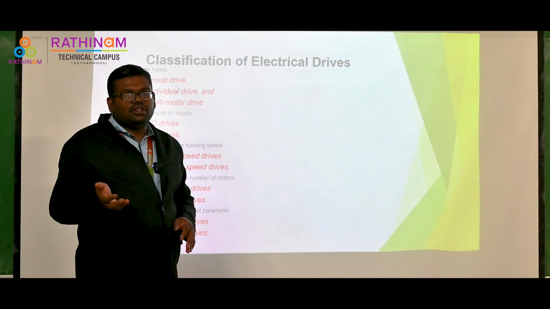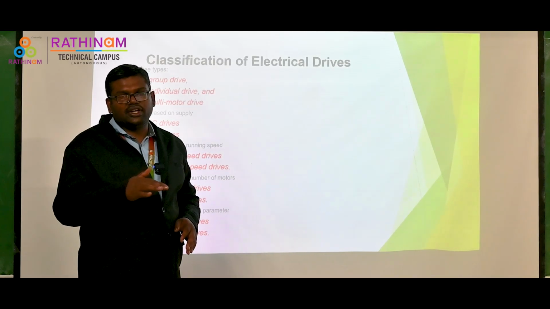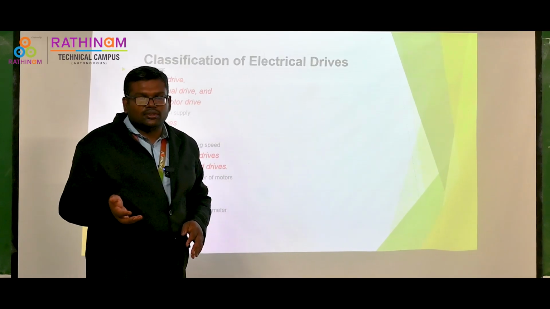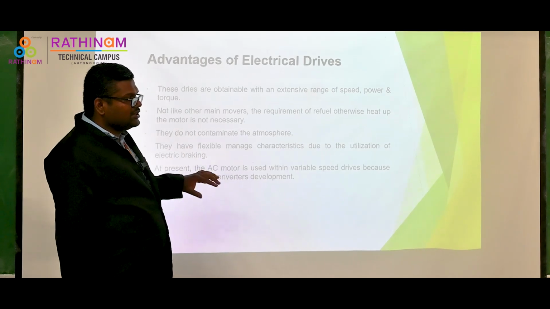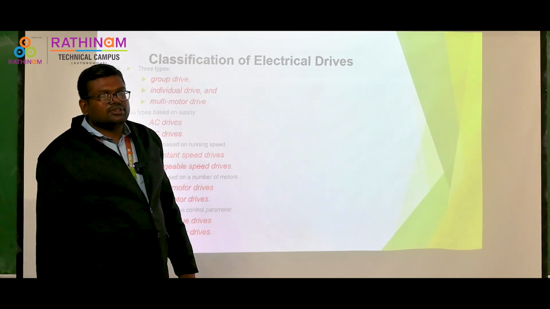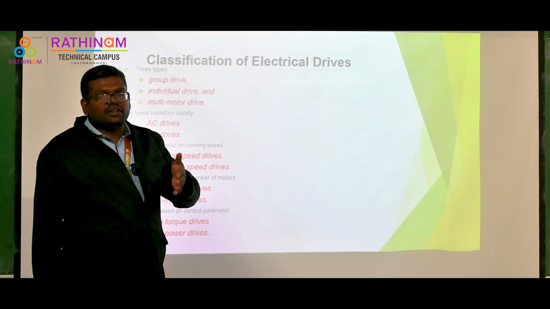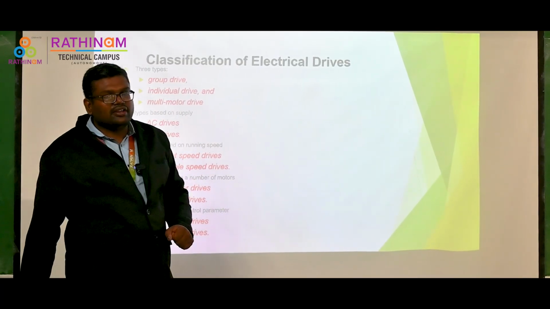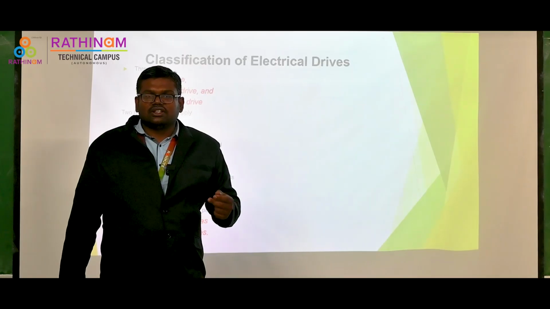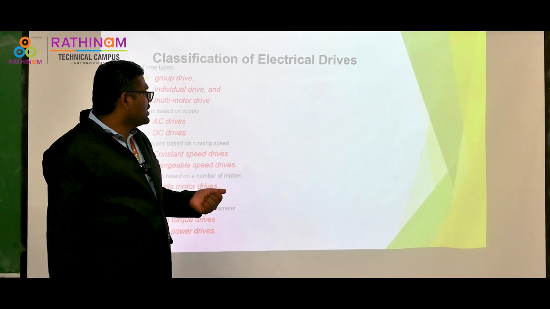For example, in our region we are using flour mills, so flour mills use this concept. Next one will be the individual drive, where every motor will be given its own individual drive. Then multi-motor drive, where two motors are connected to the same drive.